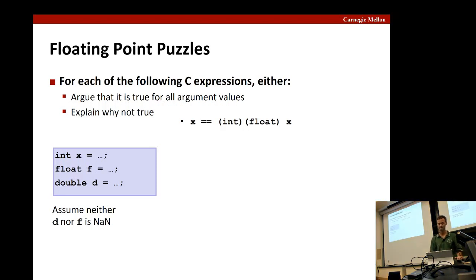Good, very good. Okay, what about for a double? What does it say about doubles? Works out just fine, right? Because there's enough bits, as long as the int is less than 53 bits.